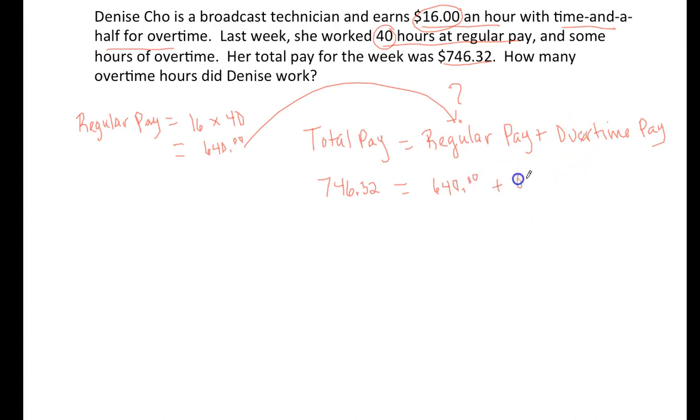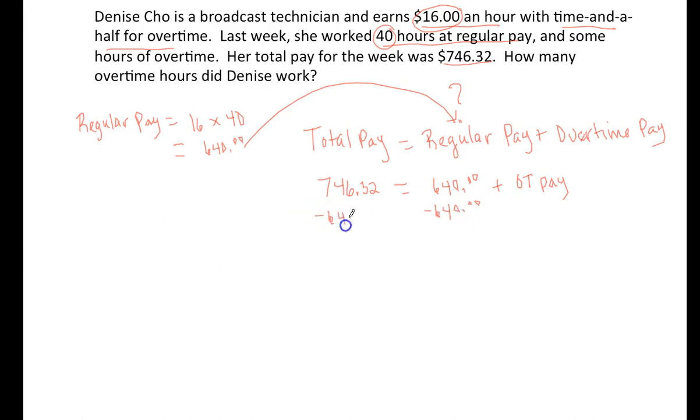I don't know her overtime pay, which I'm going to write as OT pay just to save myself some writing. Okay, so now what? Well, we can find out how much the overtime pay was. We don't know how many hours yet, but we can figure that out in a minute. So I know that the overtime pay has 640 added to it. So to solve, we do the opposite of that, which is to subtract.